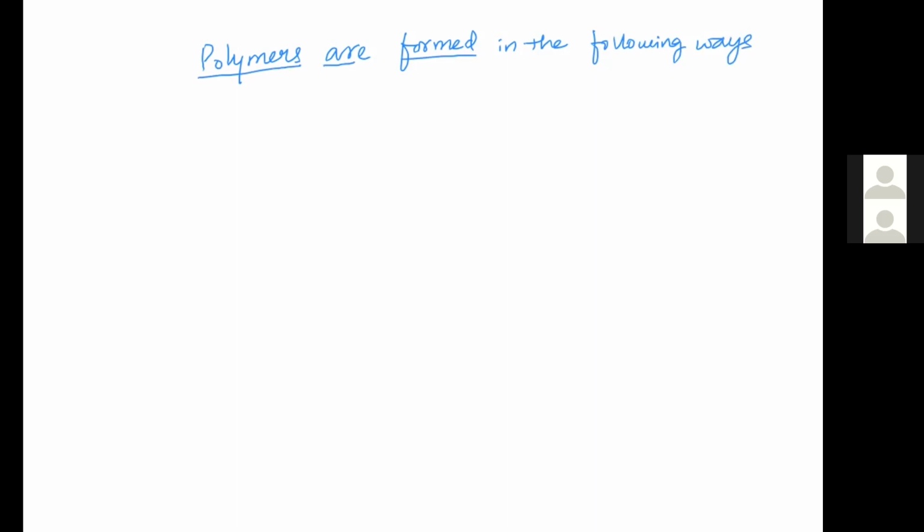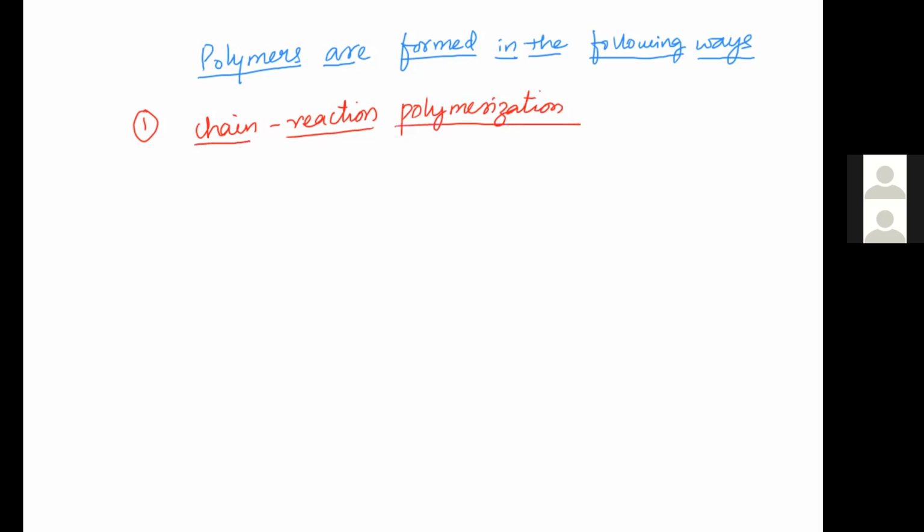In the following ways. First is chain reaction polymerization. In chain reaction polymerization, what happens?